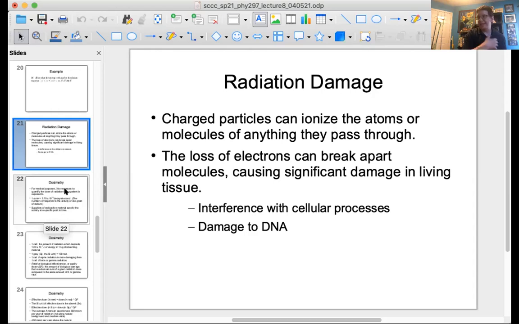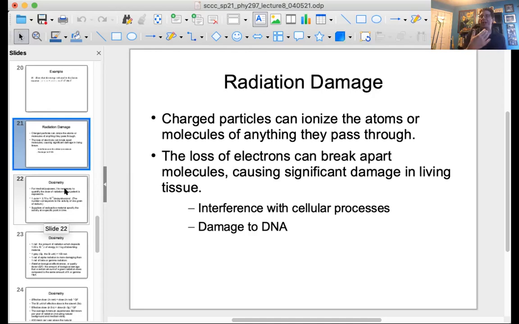And certainly gamma rays can break up nuclei and change those molecules. So there are definitely ways that radiation can cause damage to organic tissue.